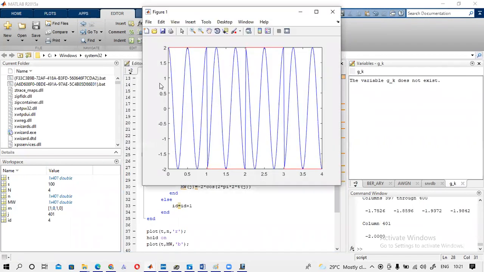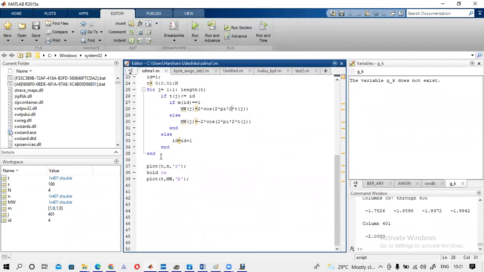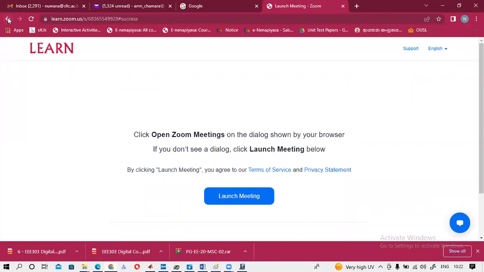So this will be our transmitted signal. You know that when we are transmitting, the noise will add to every point, so I will generate a noise variable. How to generate a noise variable in MATLAB? There are many standard methods, you can find on Google.